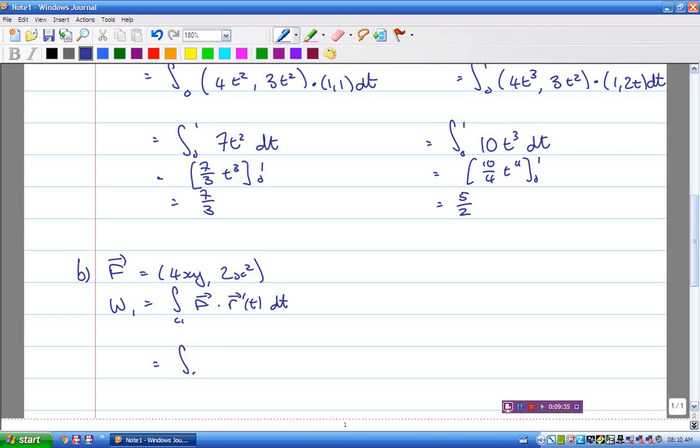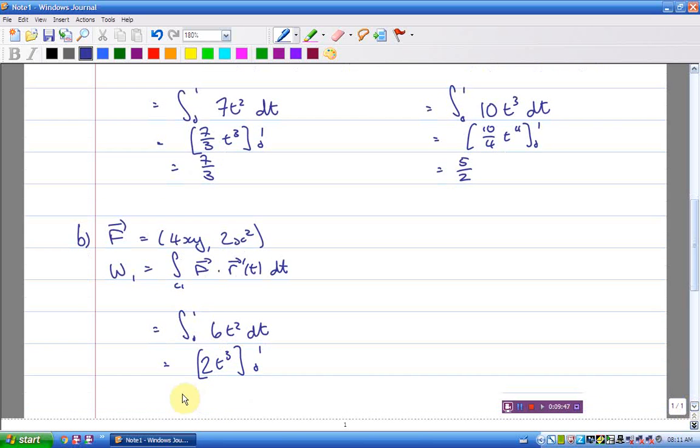I'm going to end up with 6t squared instead of 7, because it won't be 4 plus 3, it'll be 4 plus 2. So that'll be 2t cubed from 0 to 1, which will be 2. I did skip a line there, but I'm hoping that it's a pretty obvious line because of the previous calculation.